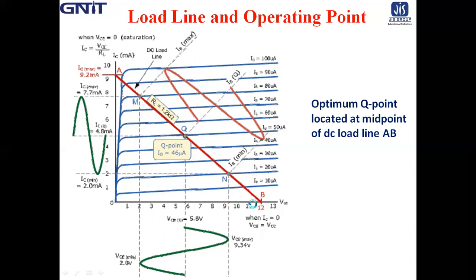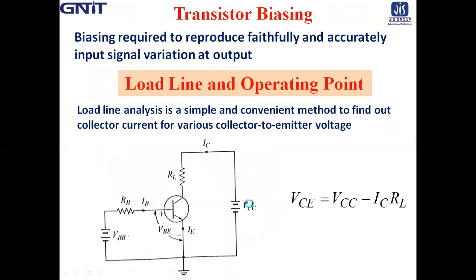Again, it is seen from the expression that IC is maximum when VCE is 0, and this maximum collector current is VCC by RL.